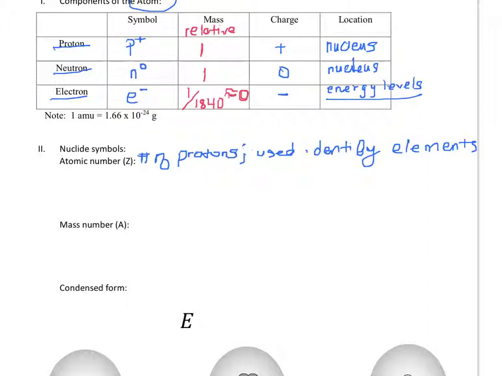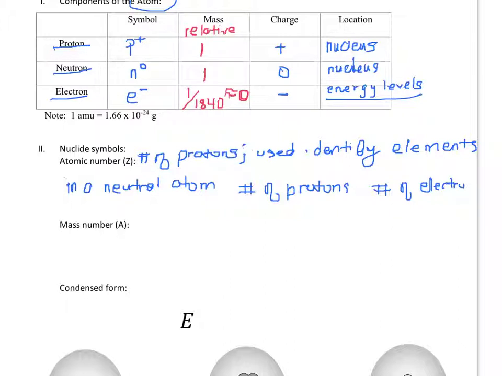Now in a neutral atom, let us compare the number of protons and the number of electrons.